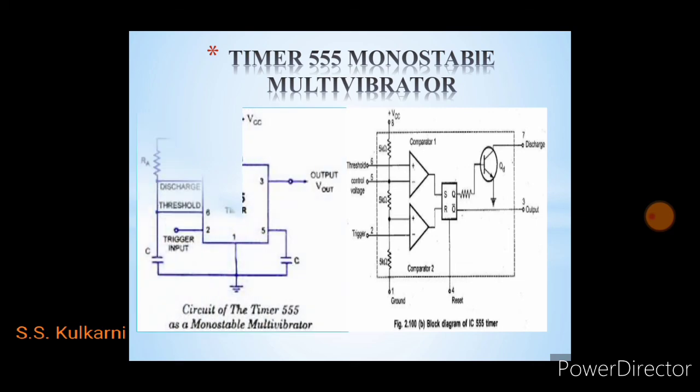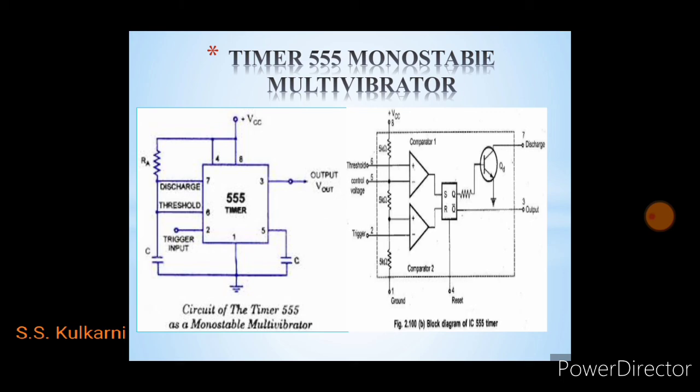Here figure shows a monostable multivibrator. Monostable multivibrator means a multivibrator which consists of only one stable state. That means it remains in stable state and it consists of one unstable state. That is known as monostable multivibrator.